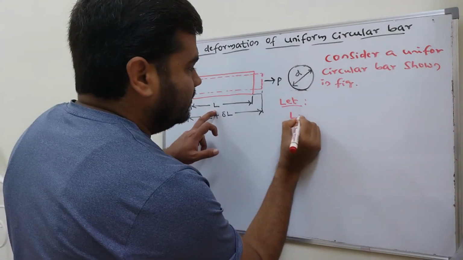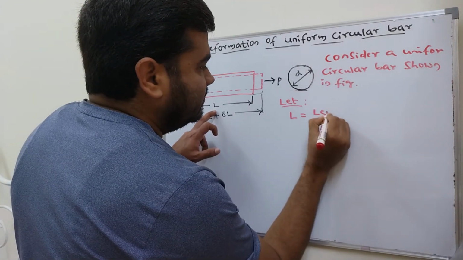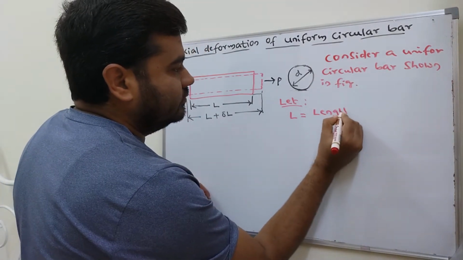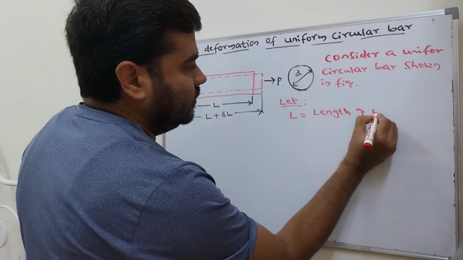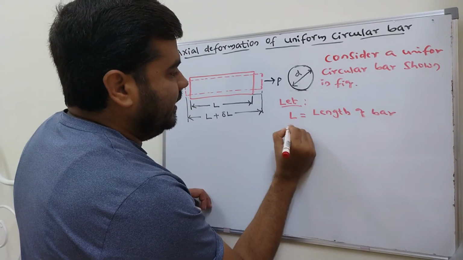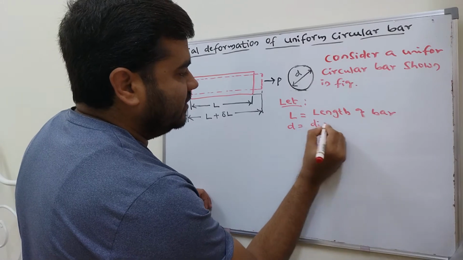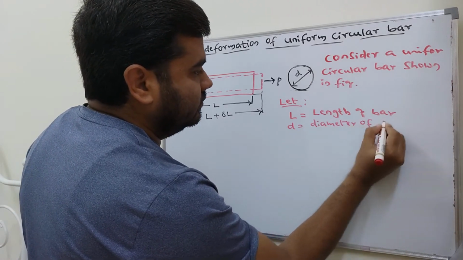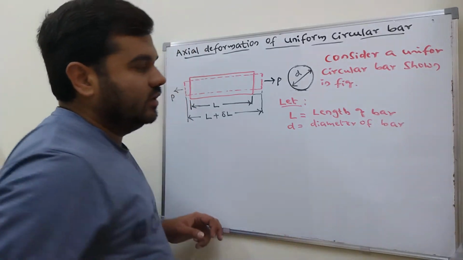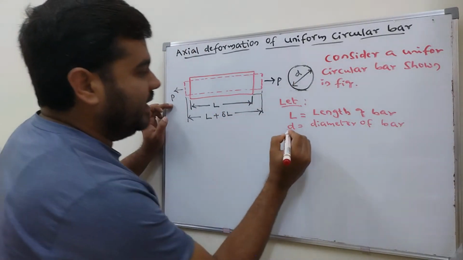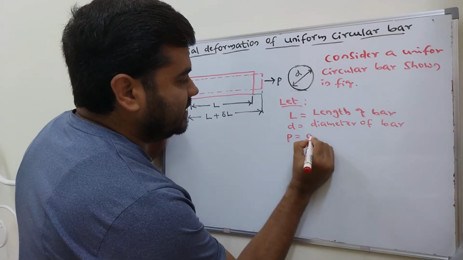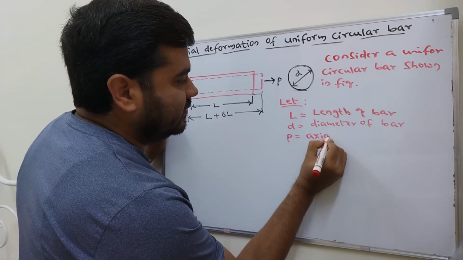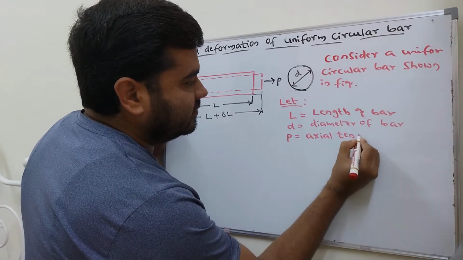Now let L equal to length of the bar, D equal to diameter of bar, P equal to axial tensile load.